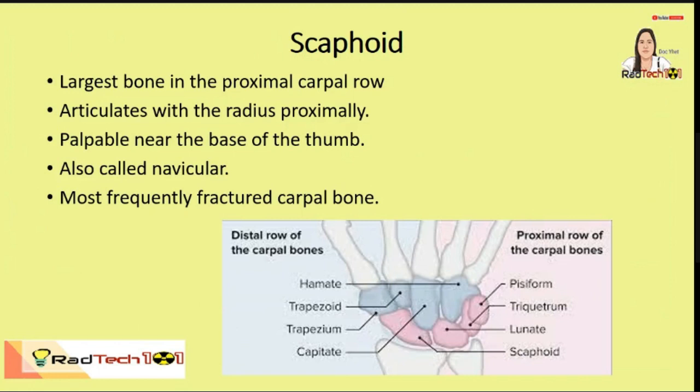Tama. So, ito yung pinakamalaking carpal bone sa proximal row. Pero kapag pag buong carpal ang pinag-uusapan, mas pinakamalaki sa kanila yung capitate. So, ang ating scaphoid is attached sa radius. Yung lunate natin is also attached sa radius and also attached sa capitate sa taas.